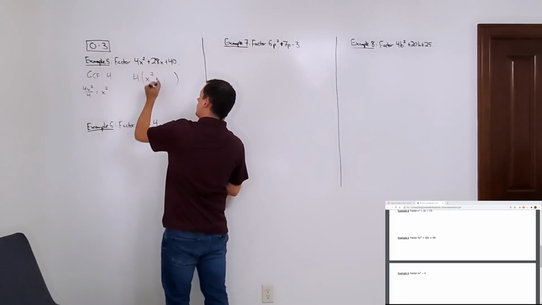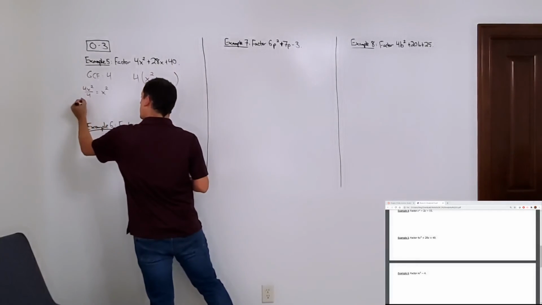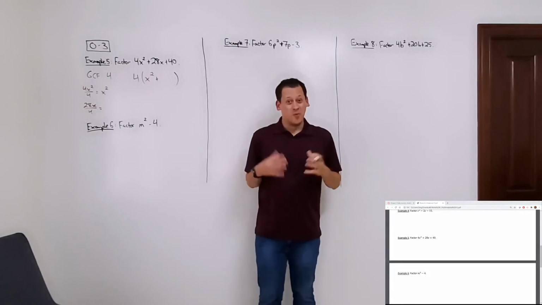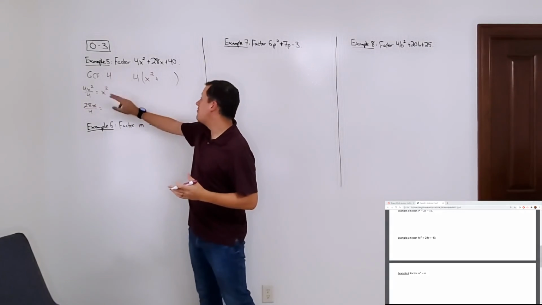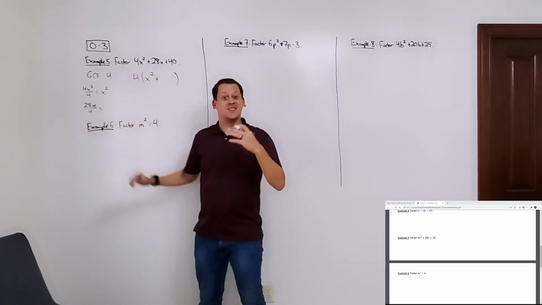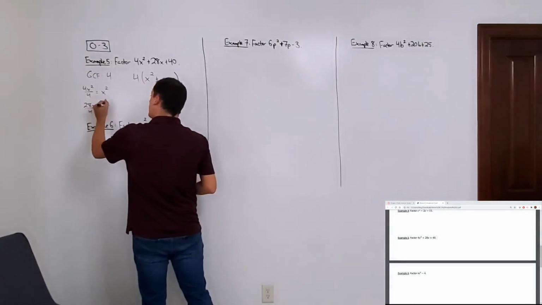plus. Now we do 28x divided by 4. And it was helpful when we were trying to figure out what the GCF was that we knew 28 divided by 4 gave us 7. Because we have to do that here. 28 divided by 4 is 7.